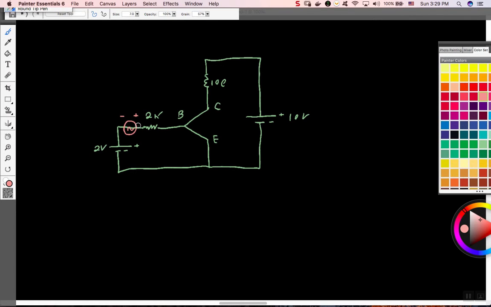To use the principle of superposition, you can either take one voltage source at a time, or you can take, for example, the 2-volt source and the 10-volt source, analyze what happens with them present, then delete both and take the remaining one. So each one you have to take only once, but you can take two together. We'll see that in a moment. And that's the principle of superposition.